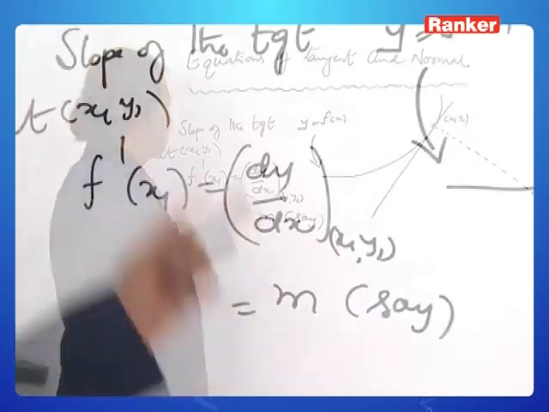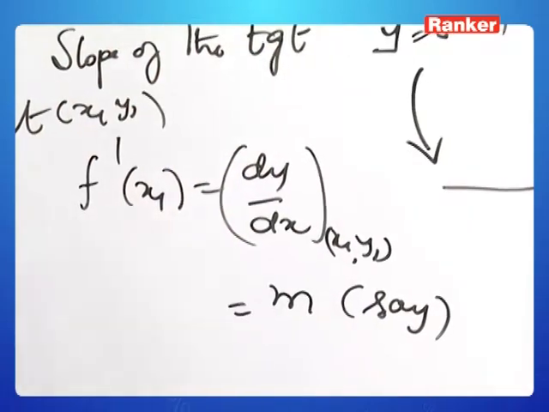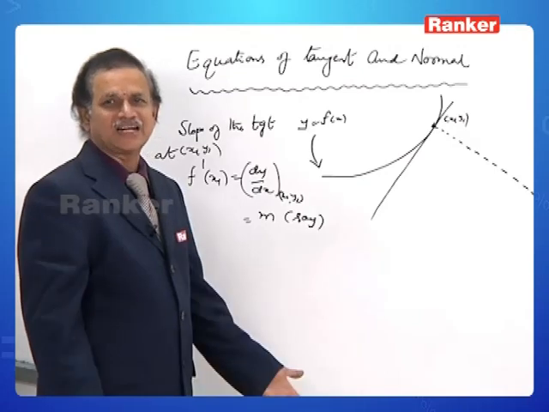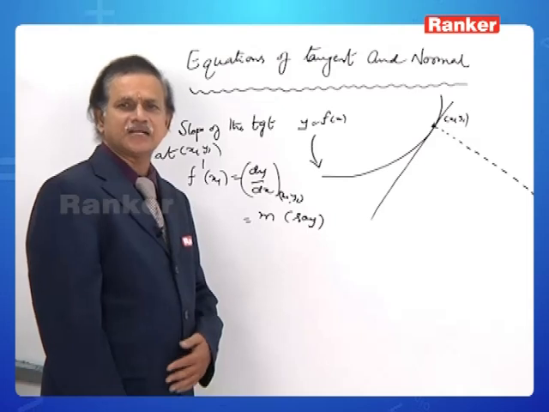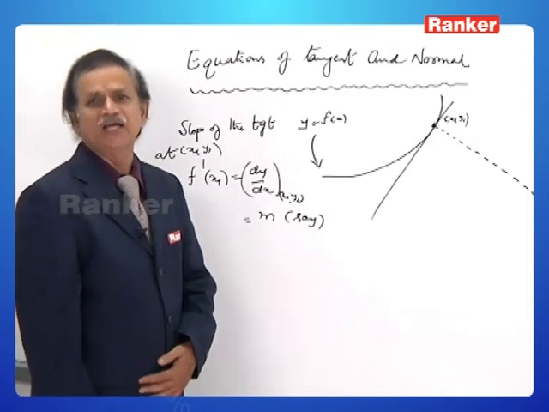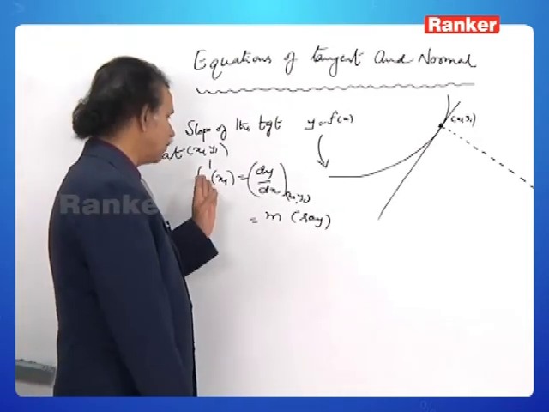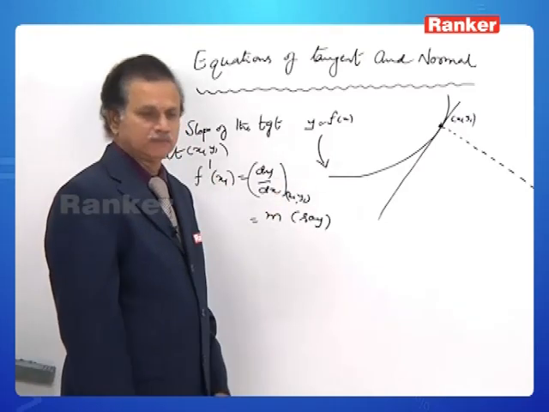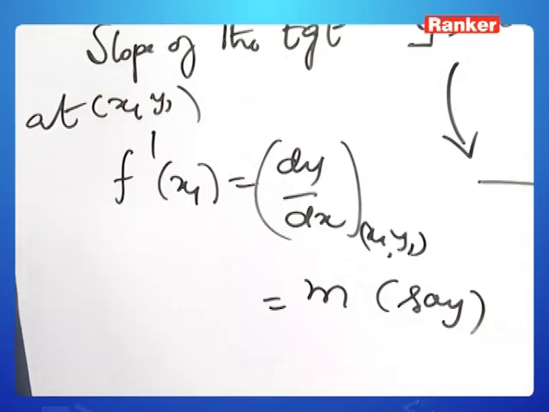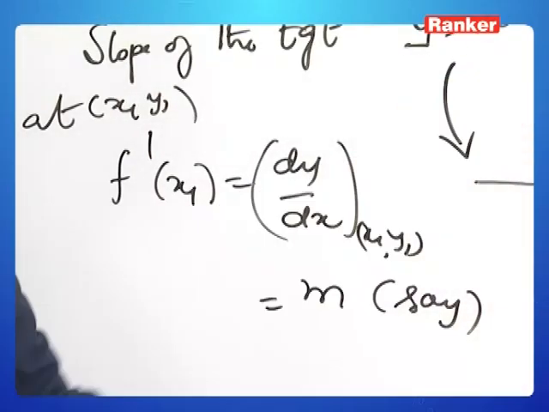What is m? Slope of the tangent at x1, y1. What are the general ways to represent the slope of the tangent? One way is f dash x1. Another way is dy by dx at x1, y1. Another way is m. We have known the slope and the point is also given.